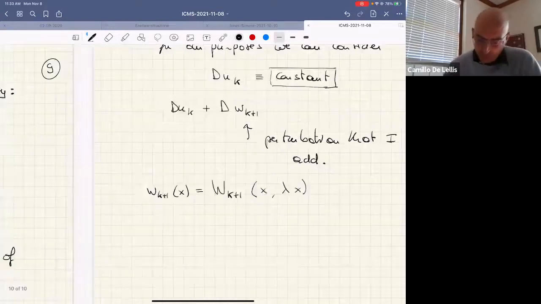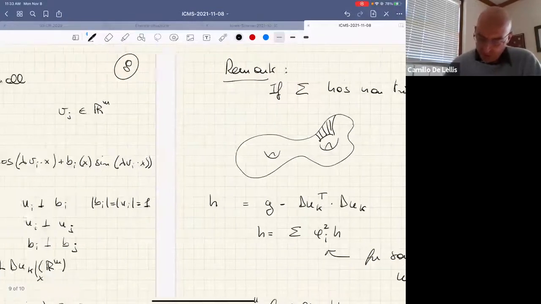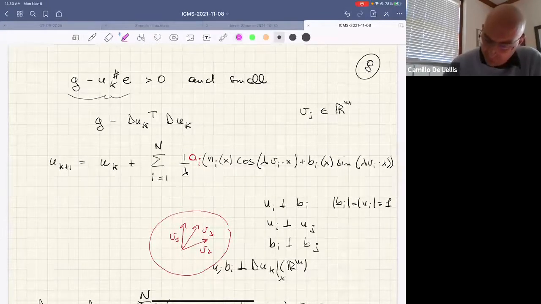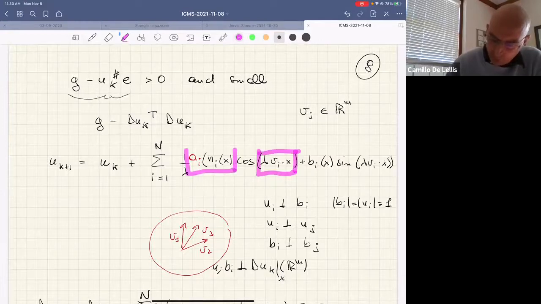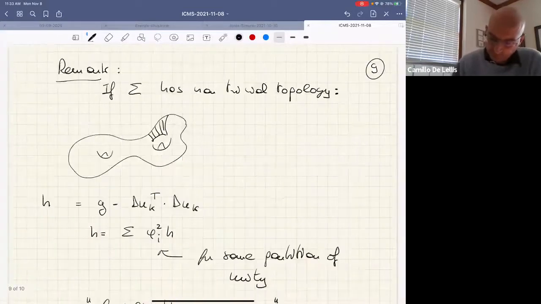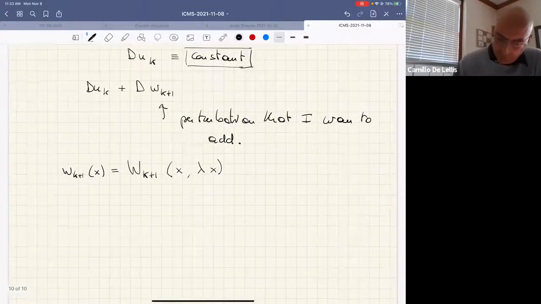Okay, and the reason why I want to do this is because in a sense it mimics this construction over here, right? So this one is the fast variable, and this one is the slow variables. And I kind of want to decouple them. So let's say I want to call this thing over here Y. I want to think that I have another variable, and I'm putting Y equal lambda X. Okay, so let me do that.